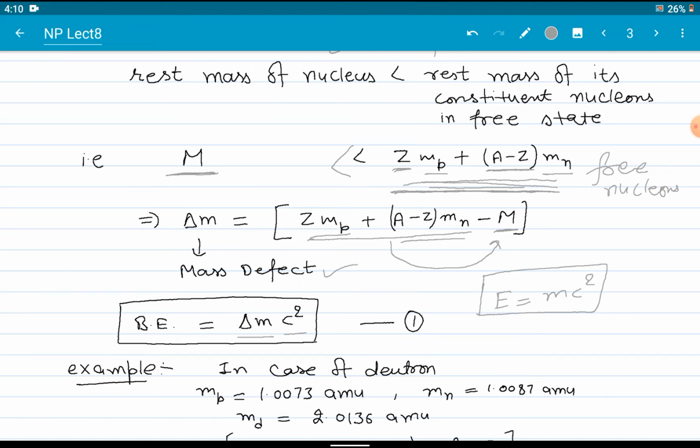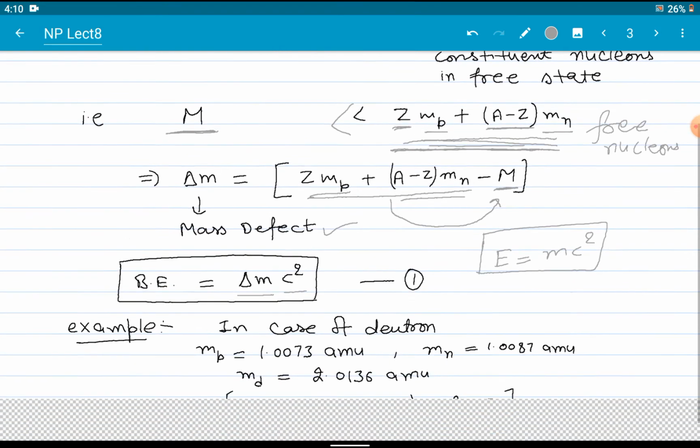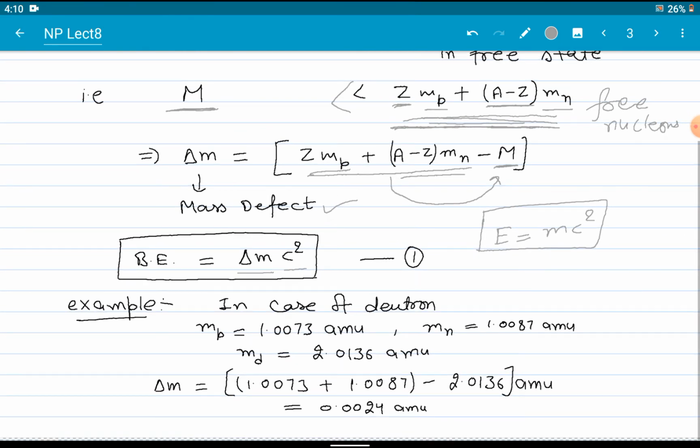Let us discuss this with an example also. Let us discuss the case of the deuteron. In the case of a deuteron, we have one proton and one neutron. We are given that the mass of a proton is 1.0073 atomic mass unit, and the mass of a neutron, which is slightly greater than the mass of a proton, is 1.0087 atomic mass unit.